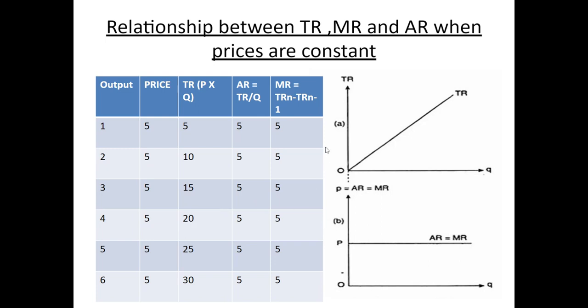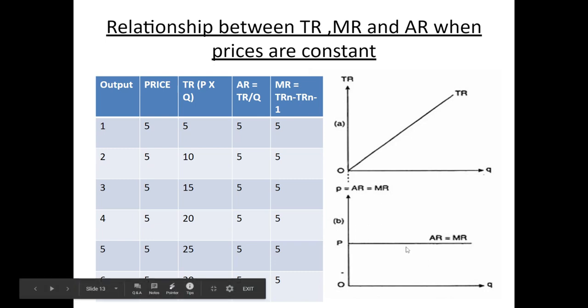So likewise, we can observe that the price column, the AR column, and the MR column have equal and constant values. So when we plot these curves on the graph, you can see that we have a straight line parallel to the x-axis, as with increase in output, average revenue, marginal revenue, and price are not changing.